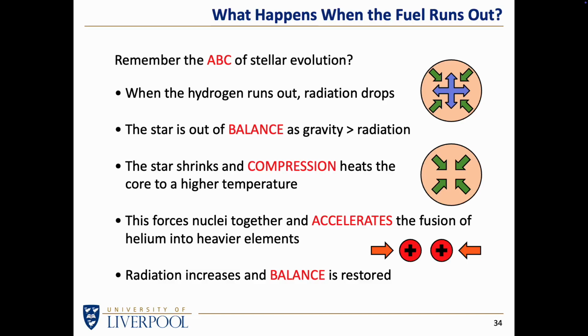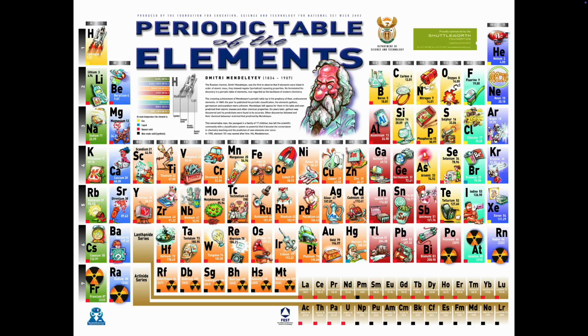It'll get out of balance, it'll compress, it'll accelerate the fusion of still heavier elements. In principle, this ABC cycle will continue, not necessarily forever. It only continues for a finite number of cycles, but this ABC allows us to understand why things change, for instance, why the sun will change when it gets to the end of its hydrogen fuel.